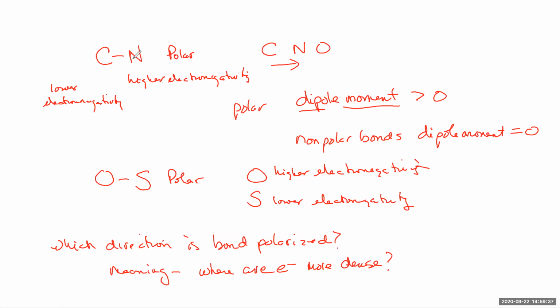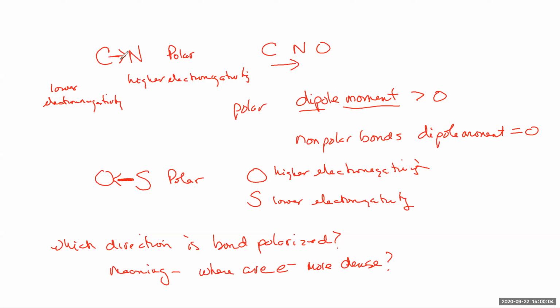So for carbon and nitrogen, nitrogen has the higher electronegativity, so the electrons are going to go more towards the nitrogen. In oxygen to sulfur, oxygen has a higher electronegativity, so the electrons are going to move more towards the oxygen. Now, if the electrons are more towards the nitrogen, then there's more negative around the nitrogen, and the carbon kind of becomes a little bit positive because it's kind of lost some of its electrons.